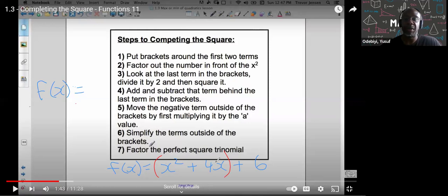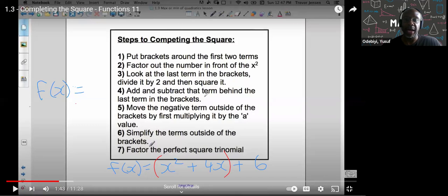So the last term in the bracket is 4x. If I divide it by 2, that becomes 2x, or the coefficient.